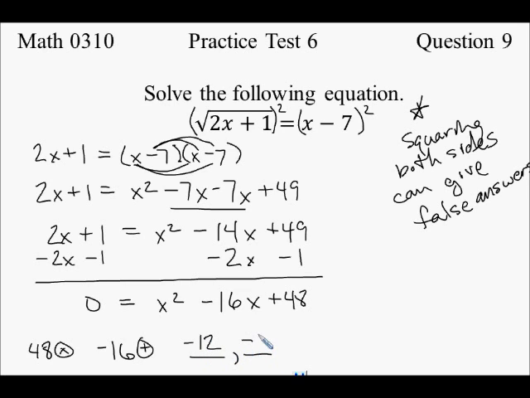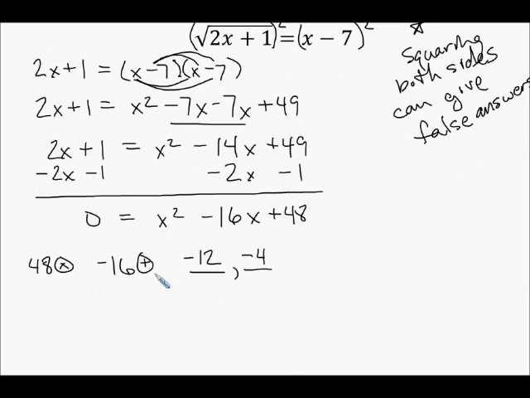Those would work. They multiply to give us 48 and add to give us negative 16. So let's scroll down here, and we would rewrite this equation as 0 equals x squared minus 12x minus 4x plus 48. Again, we're just using methods that we used earlier in chapter 6.